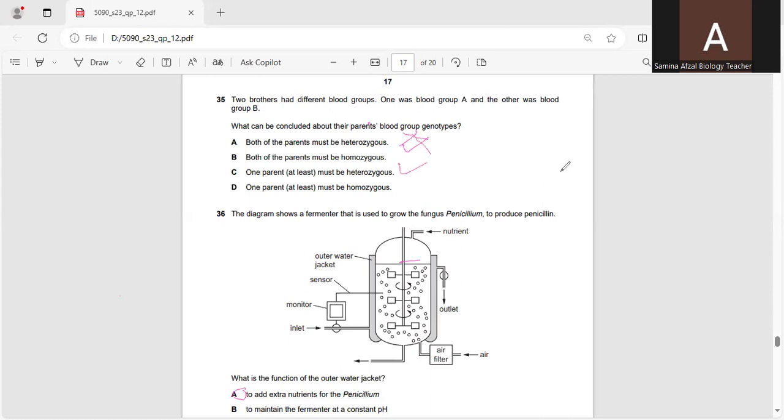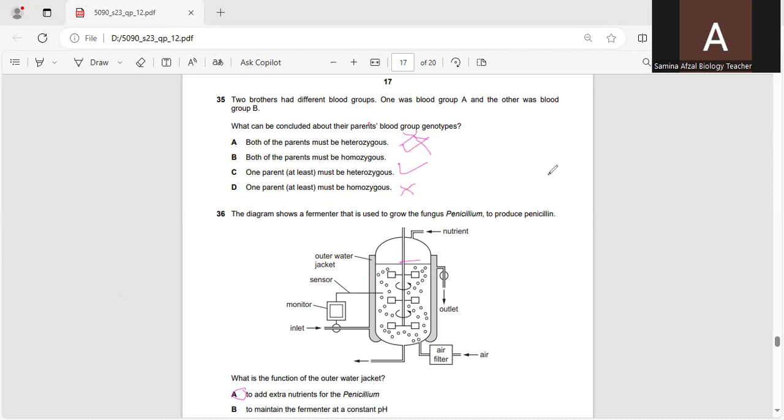Yes. One parent must be homozygous? No. There should be at least one parent which is heterozygous. If one is heterozygous, then the parents will be able to produce blood group A and B.